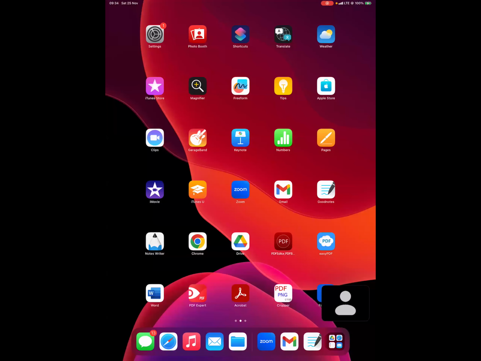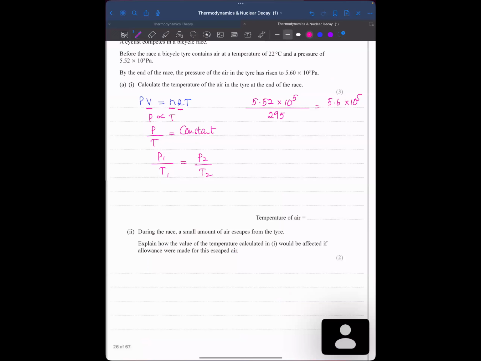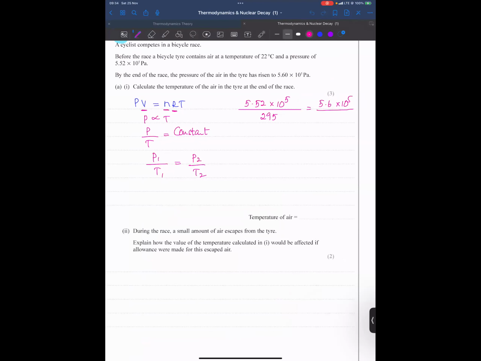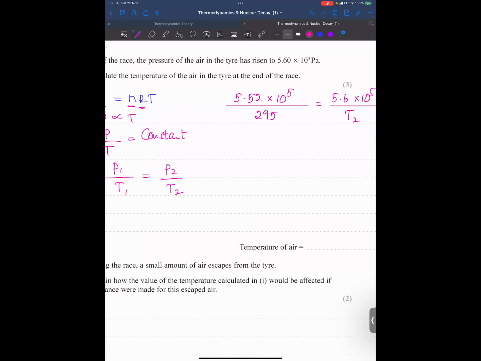Okay, so P1 over T1 equals P2 over T2. Initial pressure over initial temperature is equal to the final pressure over final temperature. From that, get T2 as the subject.